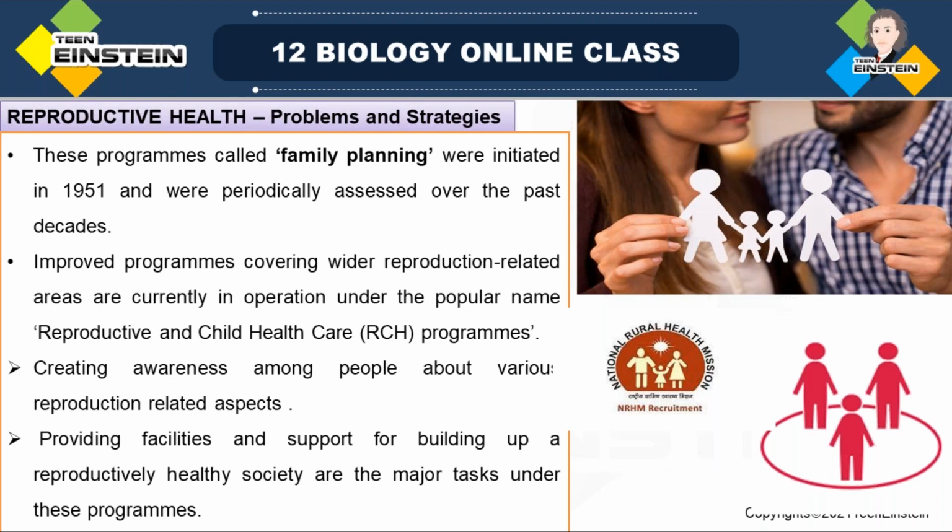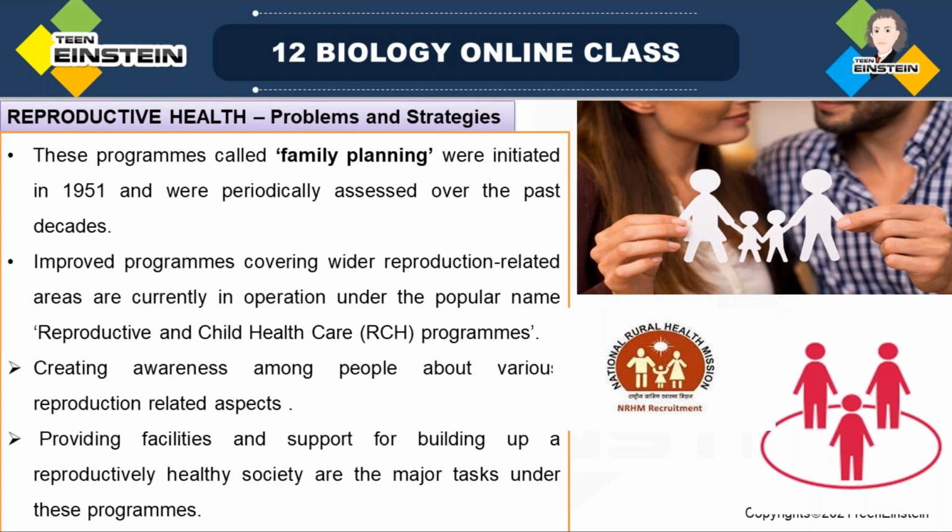Okay, and these programs will help to create awareness among people about reproduction related issues and knowledge. Okay, and these programs aim to support and build up a reproductively healthy society.